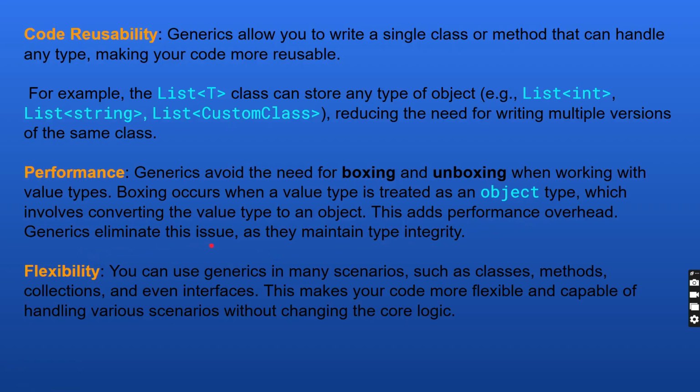Generics eliminate this issue as they maintain type integrity and flexibility. You can use generics in many scenarios such as classes, methods, collections, and even interfaces. This makes your code more flexible and capable of handling various scenarios without changing the core logic.